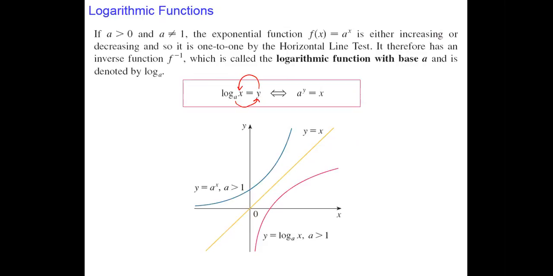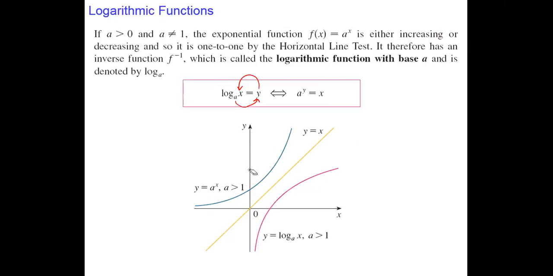I have a slide because I want to talk about the domain, which we can actually see. The domain of this function, x, is the range of the exponential function, which had a positive range.